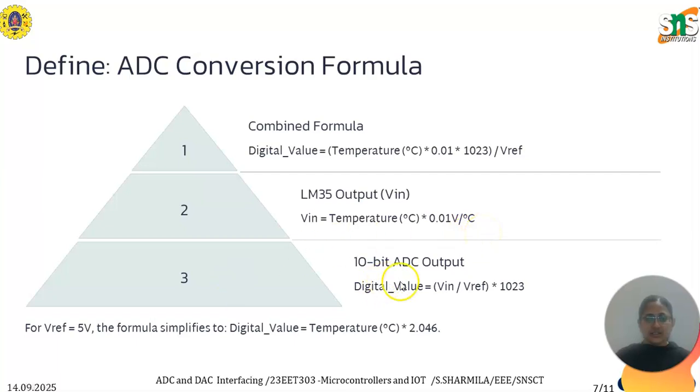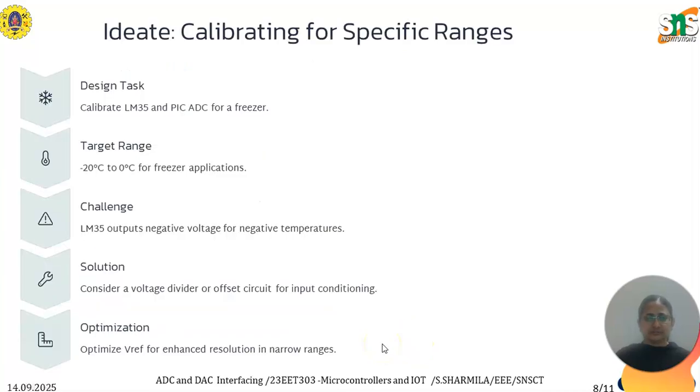The third one is the 10-bit ADC output: digital value equals V in divided by V reference times 1023. Our reference value is plus 5 volts, so the formula simplifies to digital value equals temperature in degrees Celsius times 2.046.